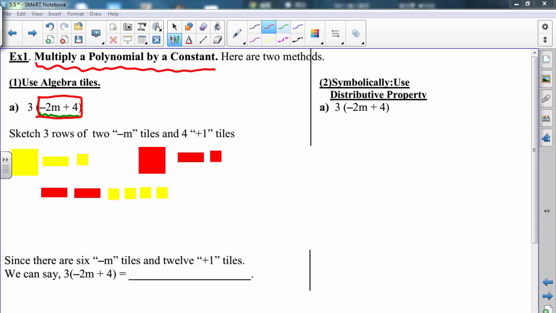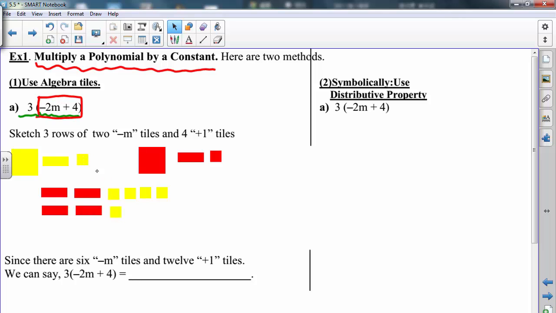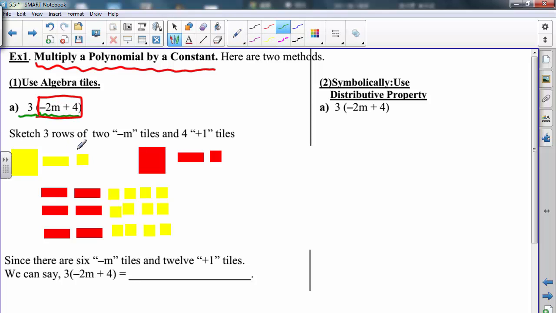Multiply by 3 in front means I have 3 rows, or you can say 3 sets of those algebra tiles. So what I will do is I copy those algebra tiles in the second row and in the third row as well.